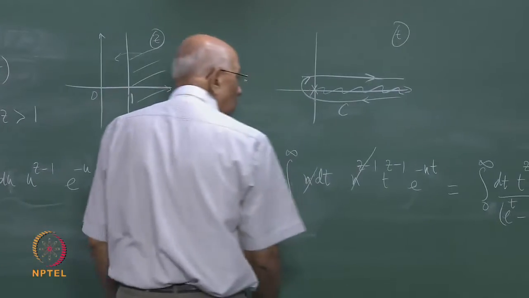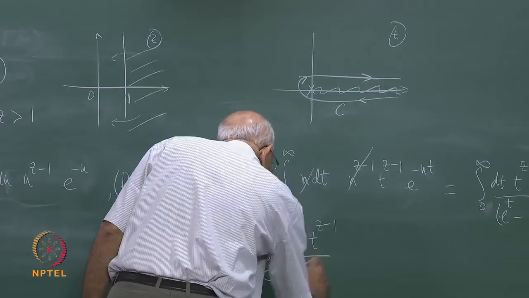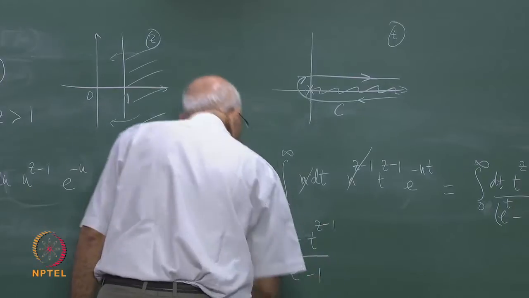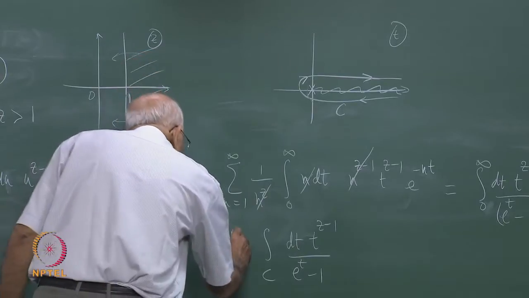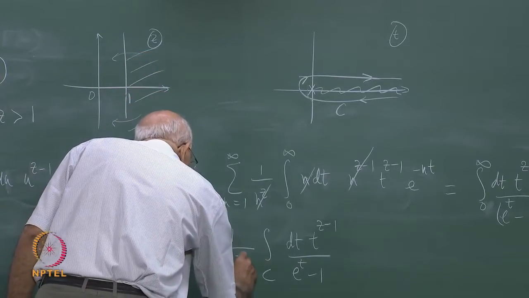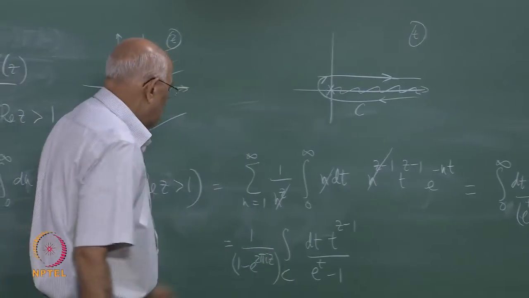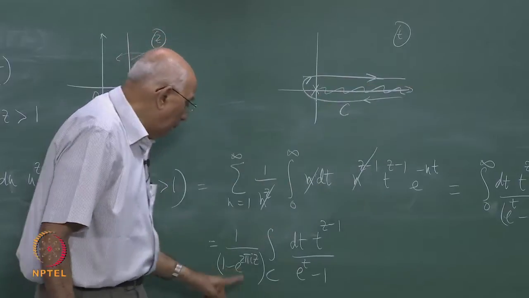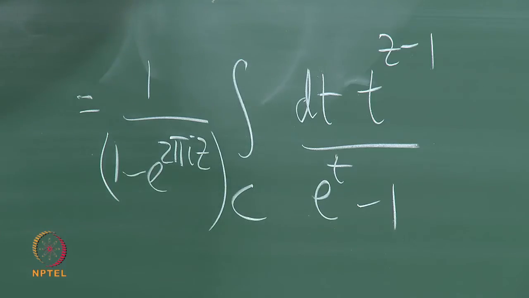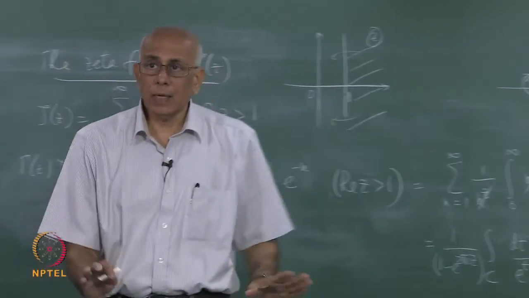It is not a closed contour, dt t to the z minus 1 over e to the t minus 1, and there has got to be a 1 over 1 minus e to the 2 pi I z. The 1 because this portion is just the original integral, and the minus because I am coming in from infinity with a phase factor e to the 2 pi I z. So it is exactly as it was before.